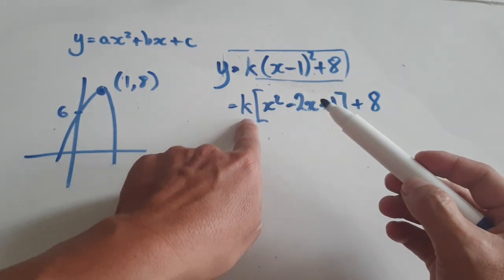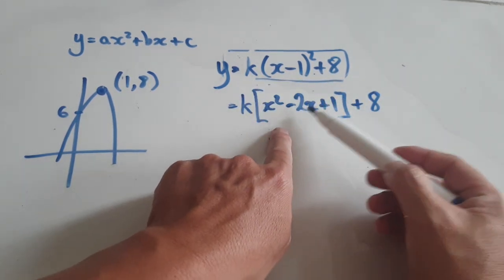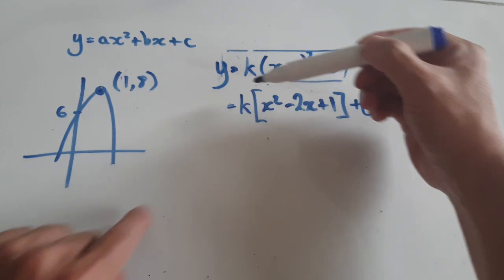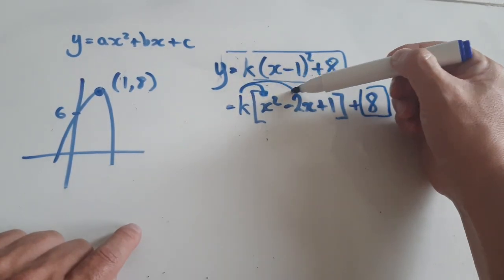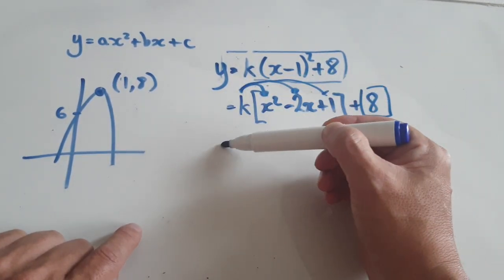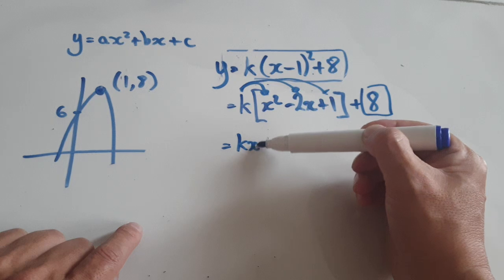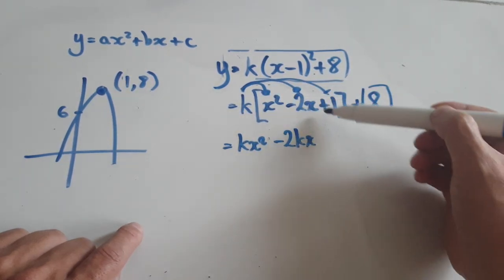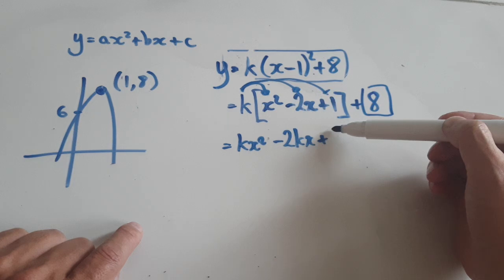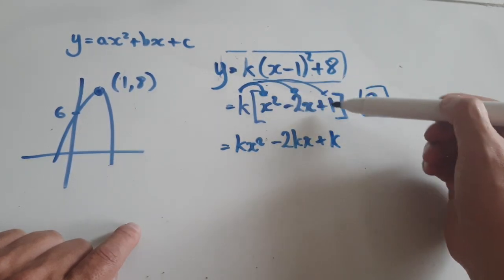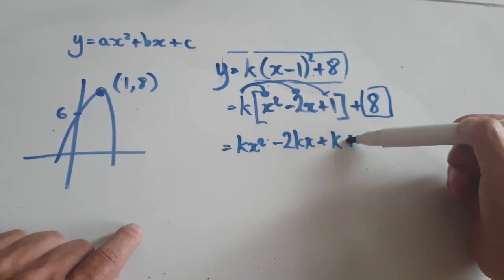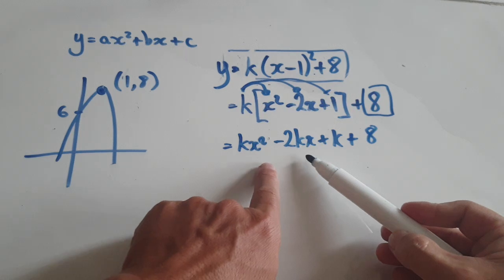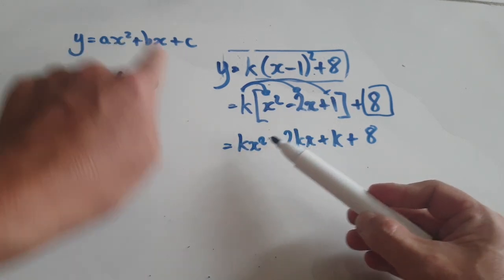Now, this thing here is being multiplied with this block here. Leave the 8 alone. So now times this, that would be kx squared, minus 2kx, plus k times 1, which is k, and then you've got your plus 8. You see, this is now of this form.